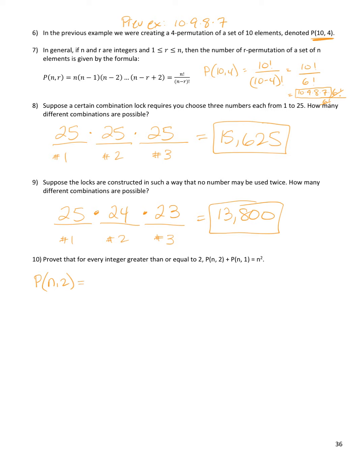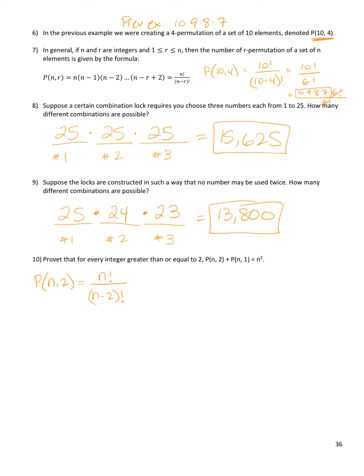Okay, so the formula for this is n factorial over n minus 2 factorial. I'm just applying this formula right here. For P(n, r), I'm replacing the r with a 2, but the n is staying n. Okay, so this is n factorial over n minus 2 factorial.